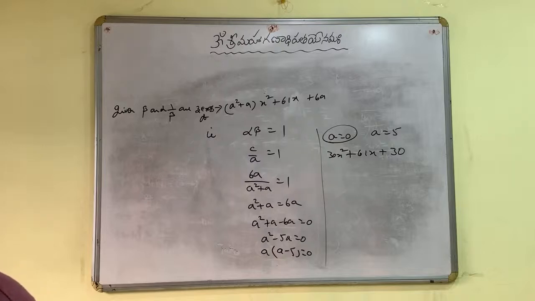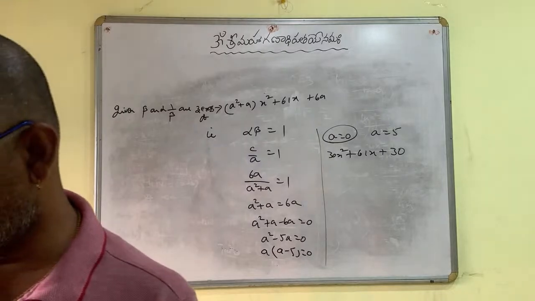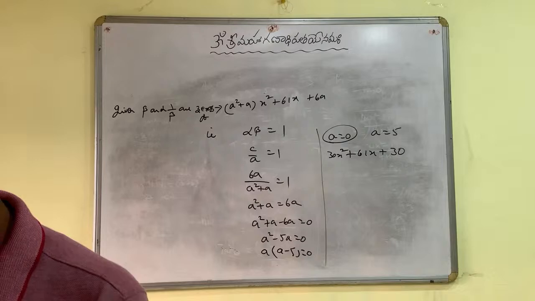Now what is being asked? First question: is EF parallel to BC?